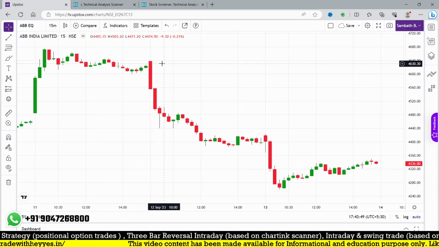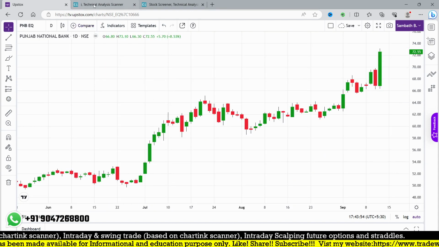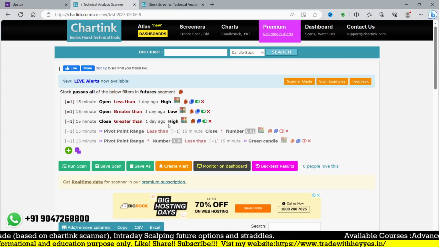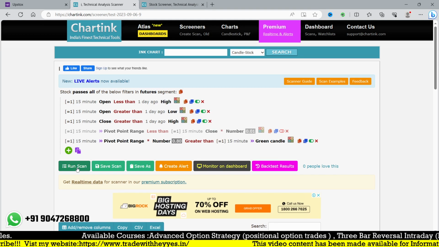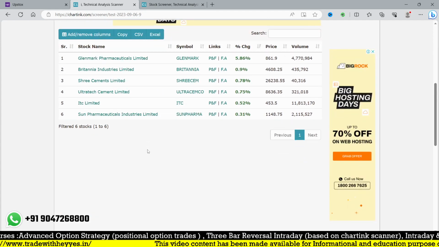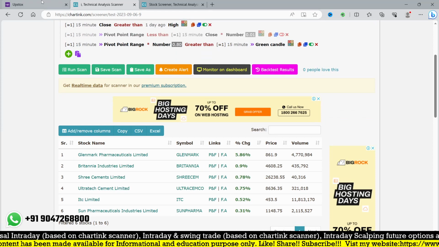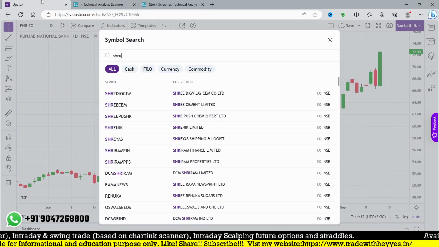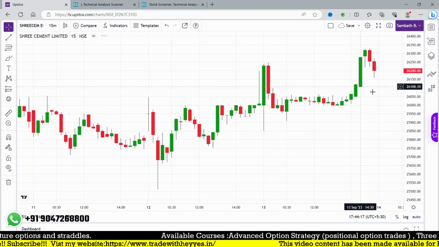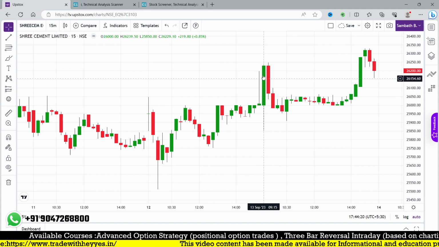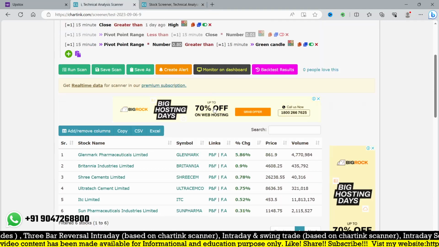Just look at PNB. Yeah, let's sort. It must be greater than. Here, let me use greater than. Yeah, almost all the stocks we got, like Sun Pharma, ITC, Ultratech. Let me check Shree Cement. Yeah, you'll be getting the first 15 minutes as a green candle, and we need to confirm this one. So it is working, but we have to confirm this one more.